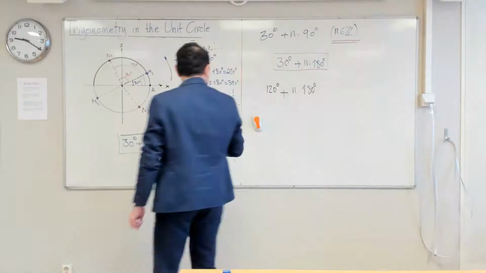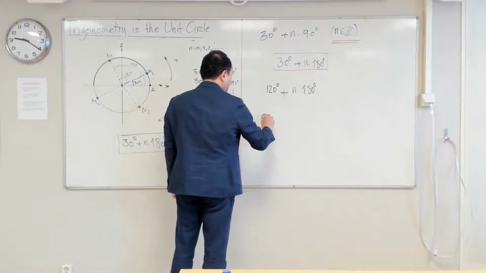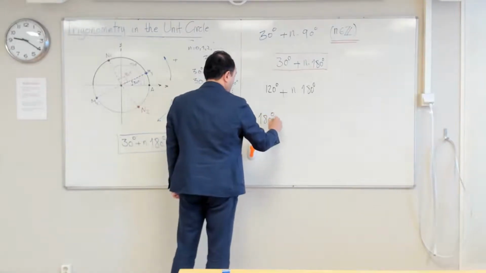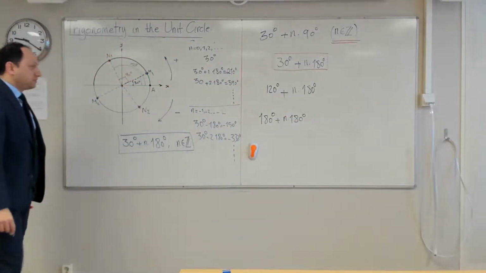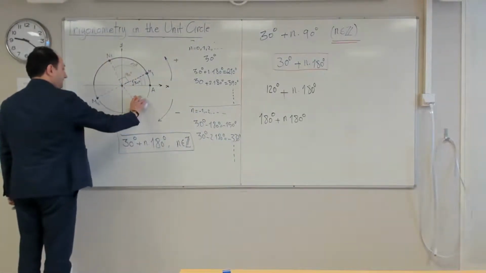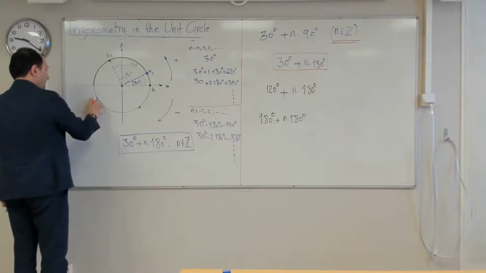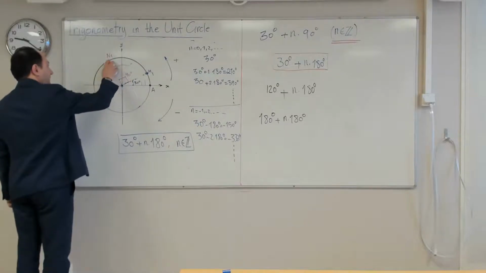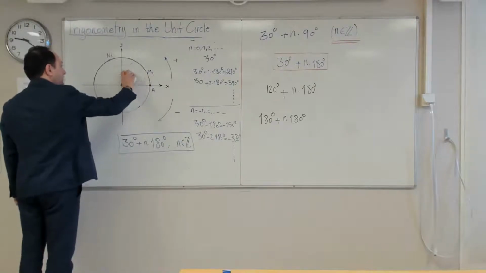Okay. Now let us consider this scenario. What will this formula generate, do you think? 180 plus n times 180. Where are these points?